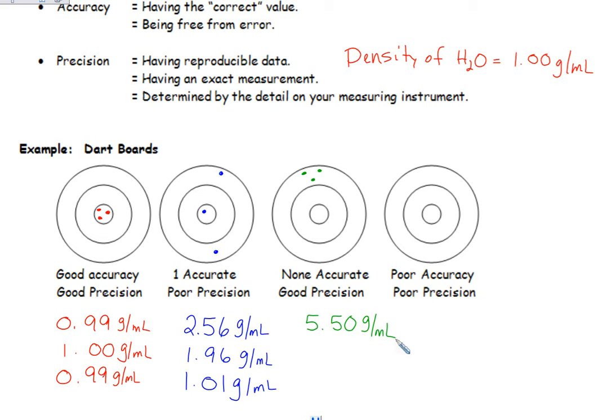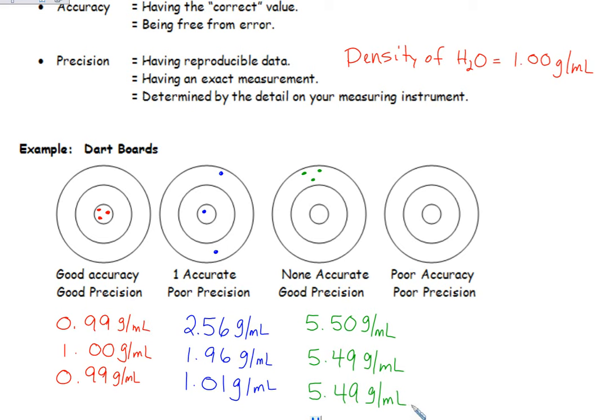And you're like, whoa, that's not right. Run another trial. 5.49. Okay, that still doesn't look good. Let's do it again. 5.49 again. Something like this.